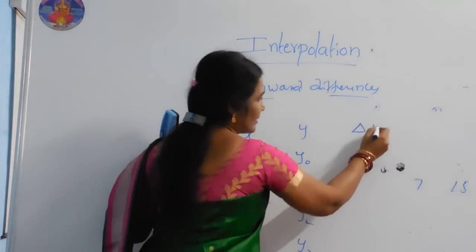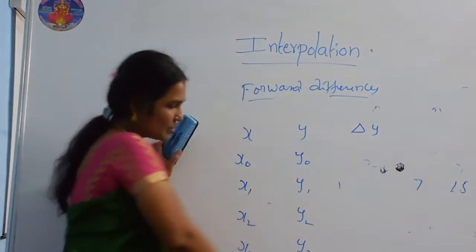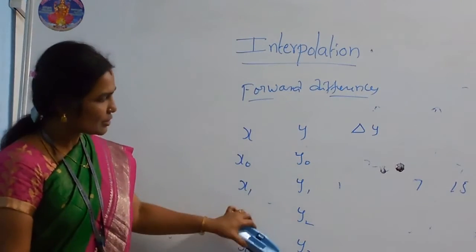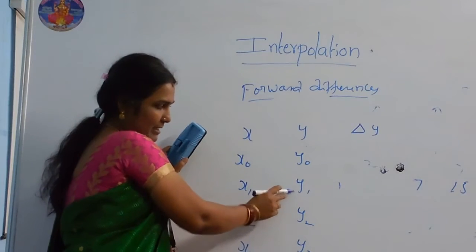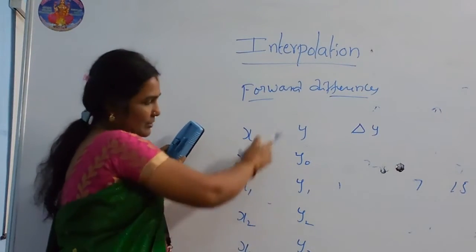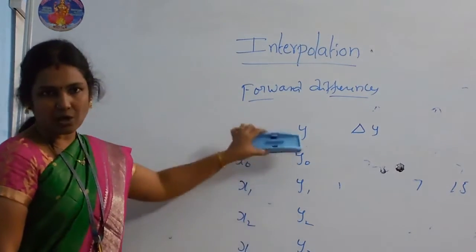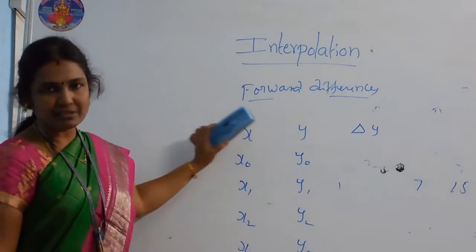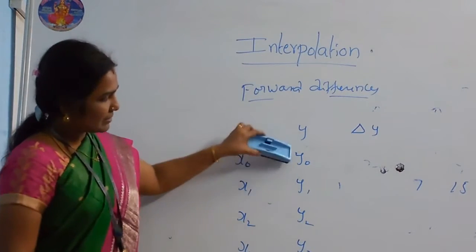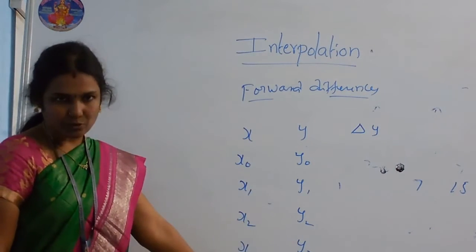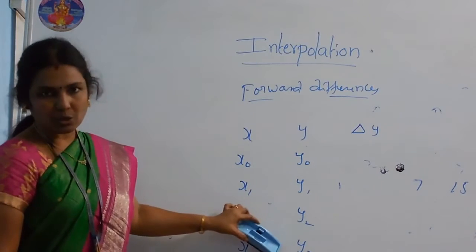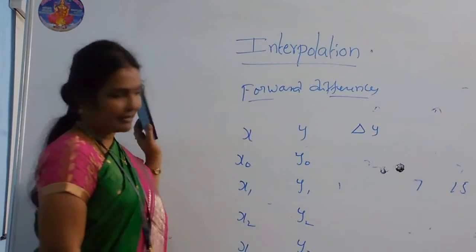So the differences of the y values, that is y1 minus y0, y2 minus y1, y3 minus y2 and so on, are known as first forward differences.